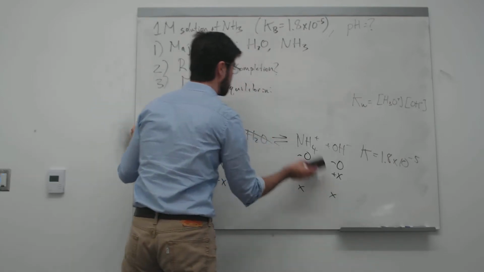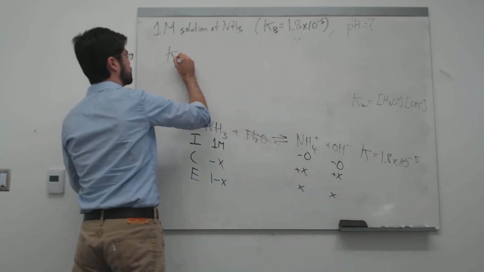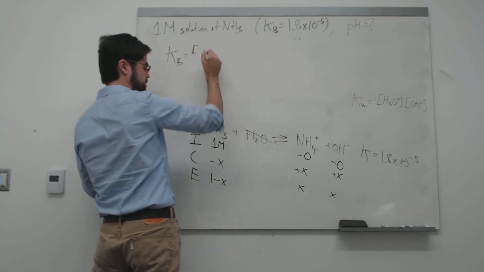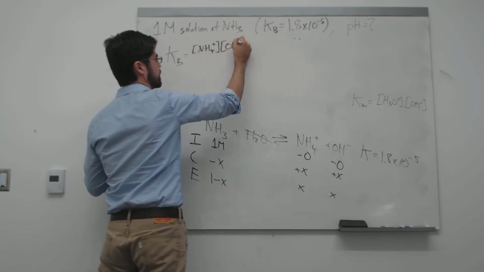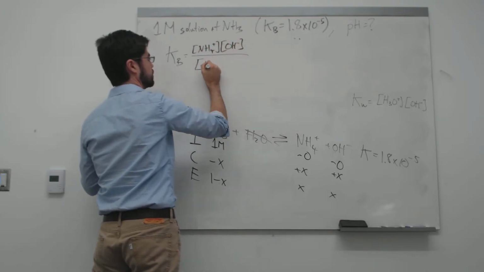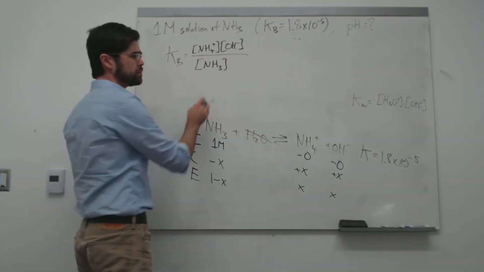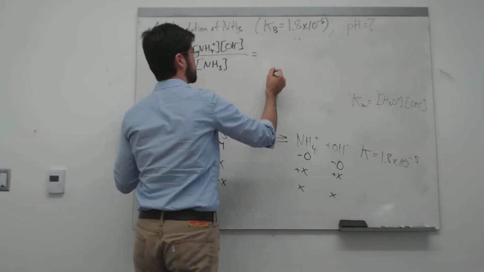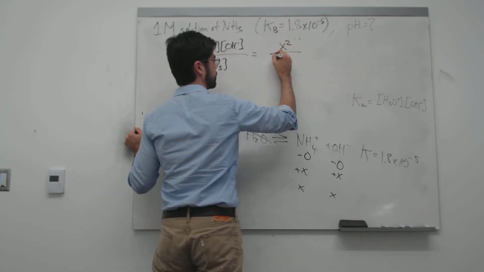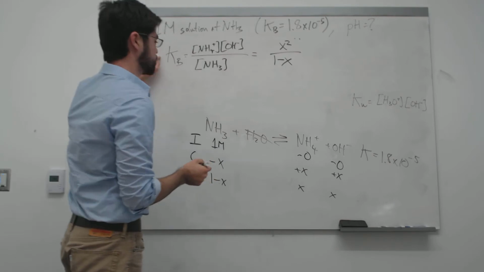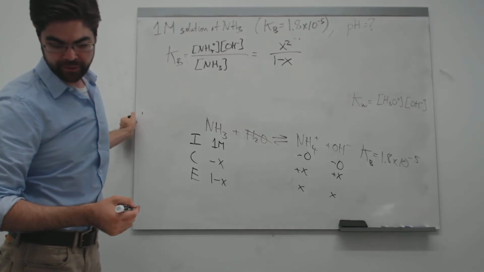So what I have here then is that Kb, my equilibrium expression, should be equal to the concentration of ammonium times hydroxide over the concentration of ammonia. And then I can plug in my equilibrium concentrations, so I get x times x over 1 minus x. So x squared over 1 minus x should be equal to Kb, which again is equal to 1.8 times 10 to the negative 5.